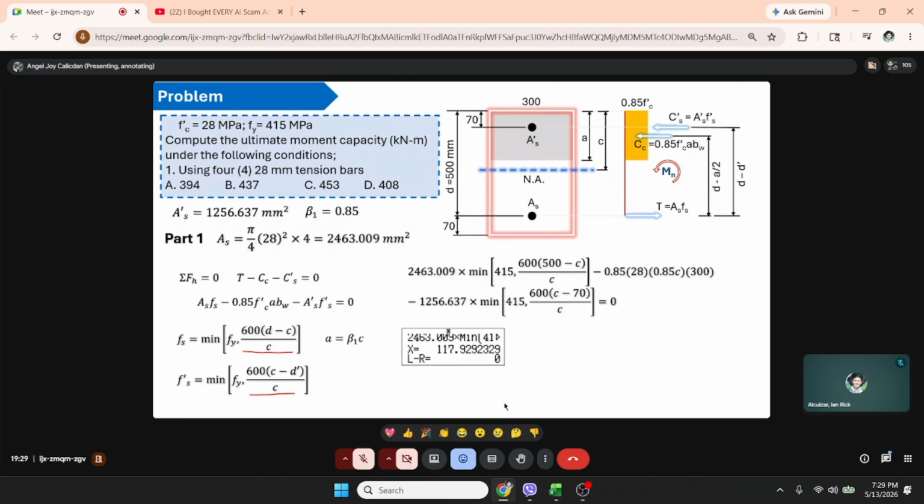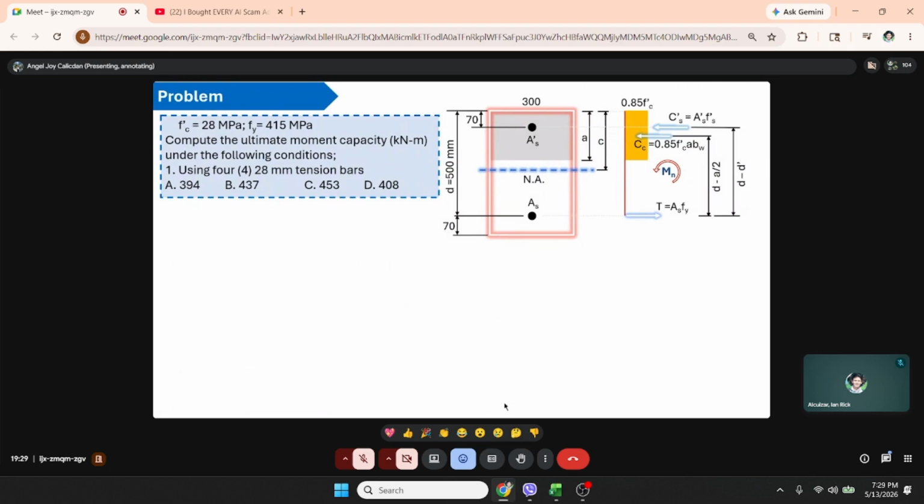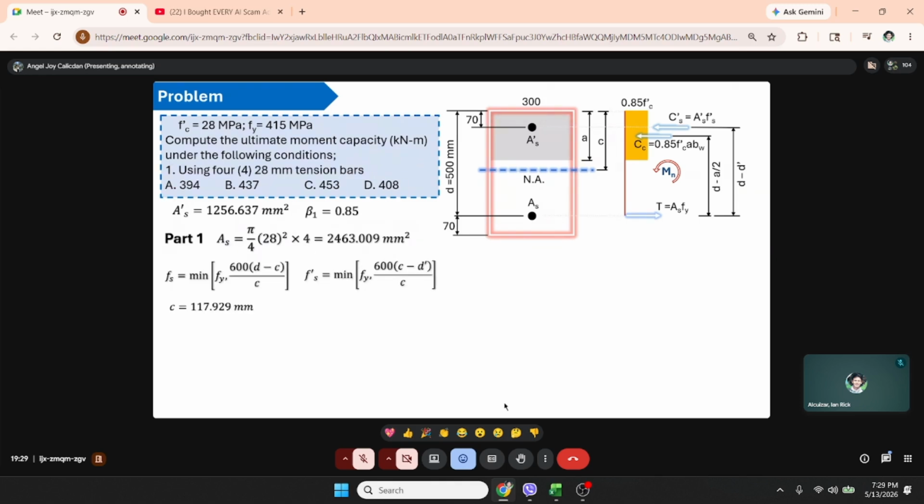So we have 117.929, nasakto ra jud, millimeters. And to get a, multiply by beta 1, and a is 100.24 millimeters. So, katong na-solve ganina.